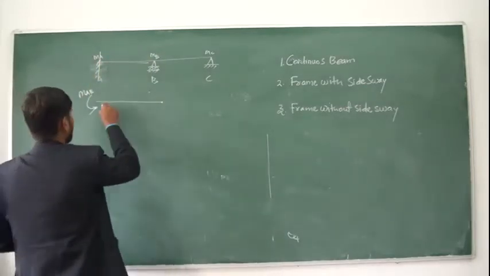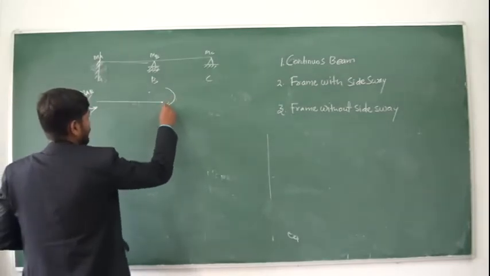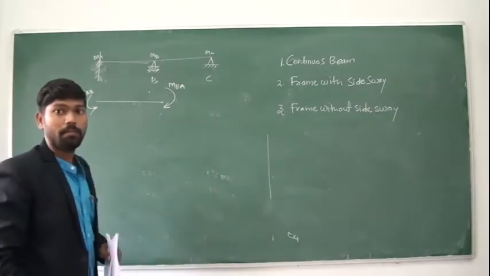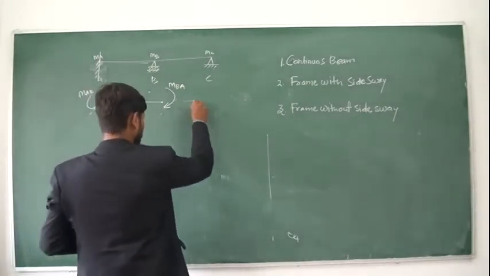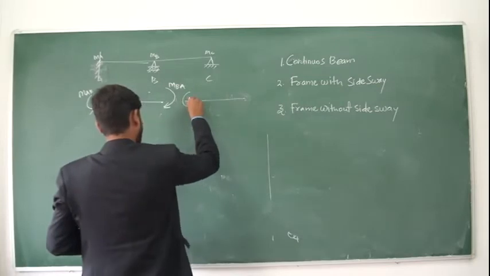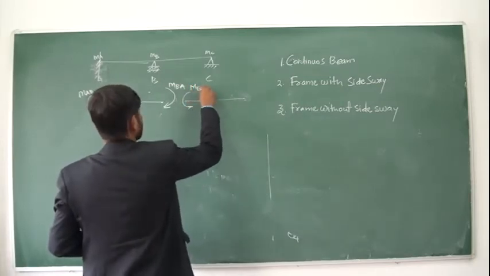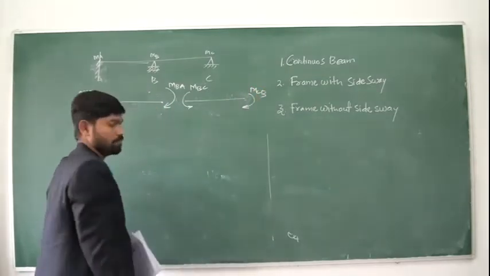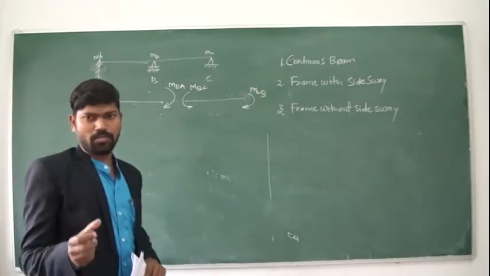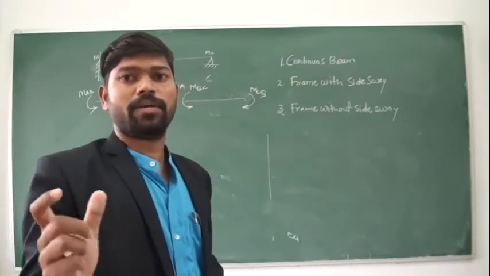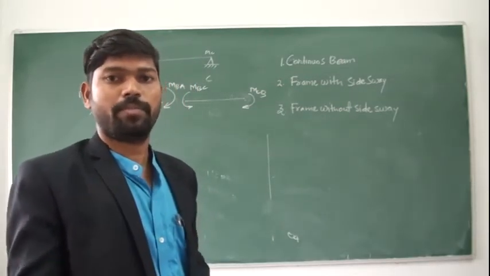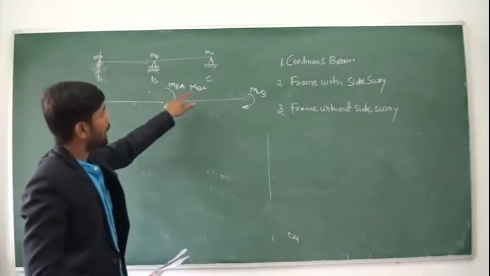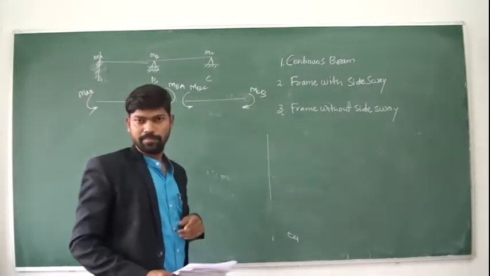Here this moment MB I will write as MBA. Here I will write this as MBC and here it is MCB. Okay. Because we are going to consider each span separately, we are going to focus on each span separately. So this is MAB, MBA, MBC, MCB.